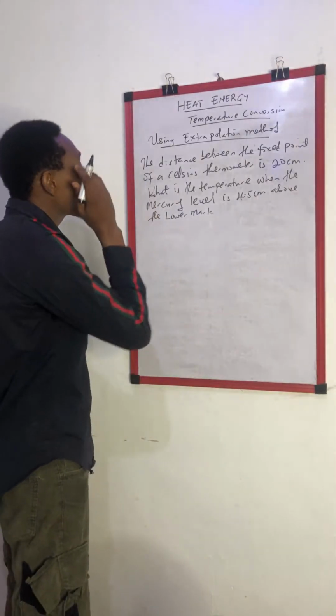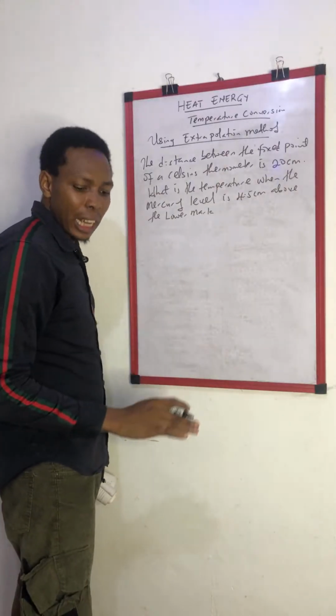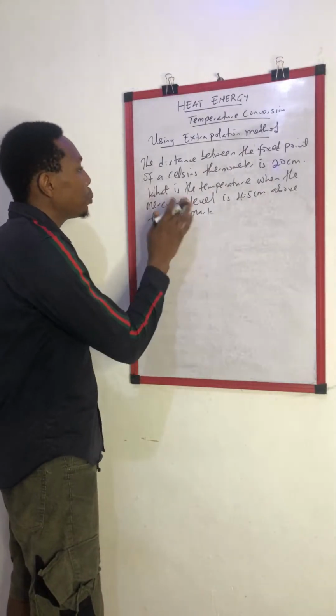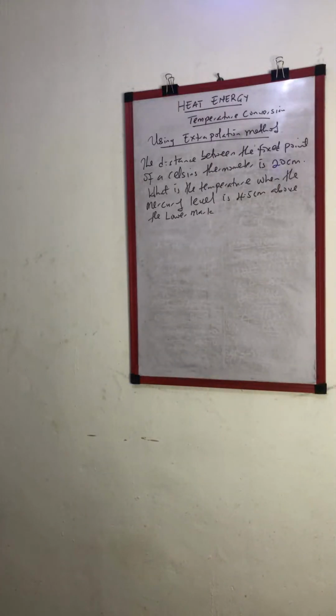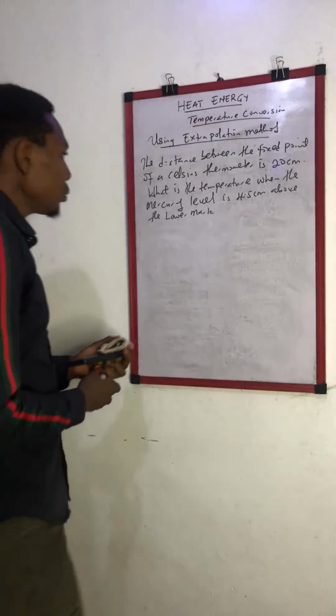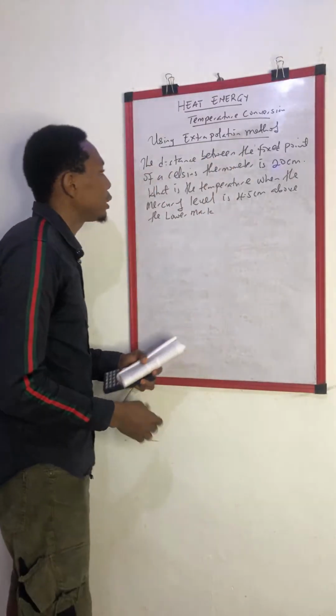Now from here, we are told that the distance between the fixed points of a Celsius thermometer is 20.